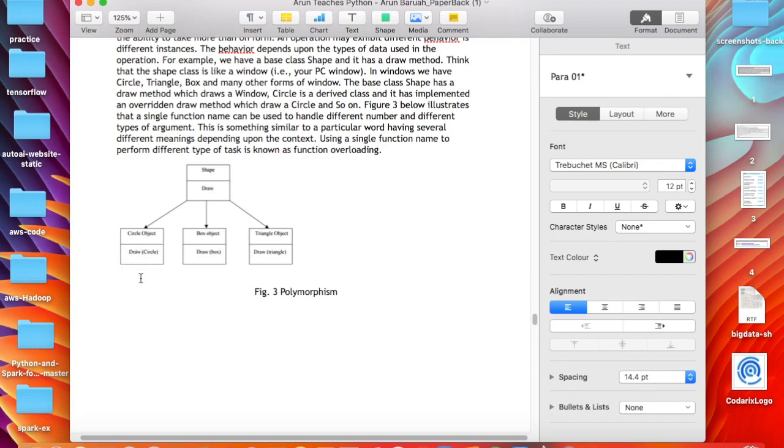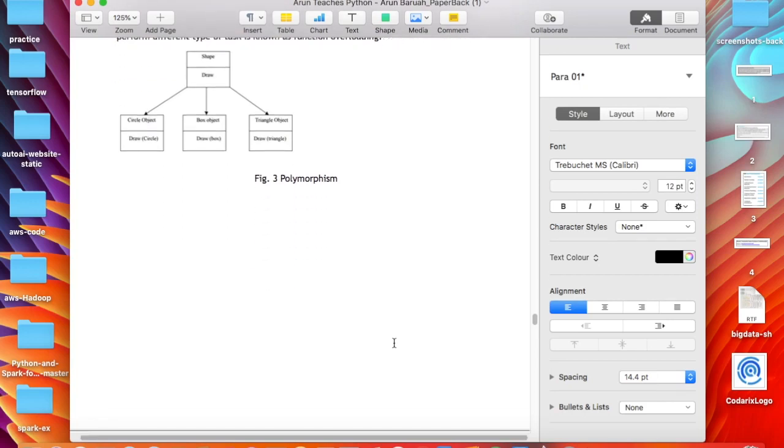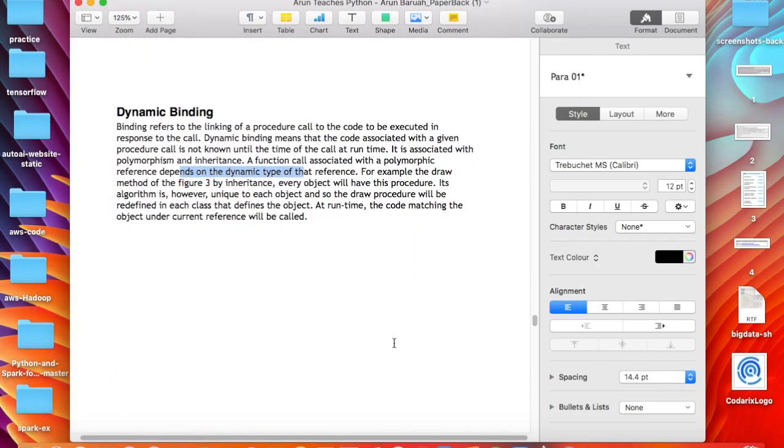When this draw method is called, at runtime only the compiler would decide which draw function to call: call this overridden draw function, or call the draw function of its base class. So it is known only at runtime. So this is dynamic binding.